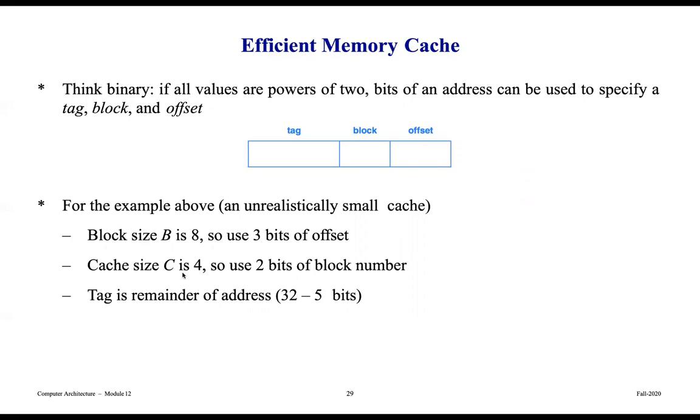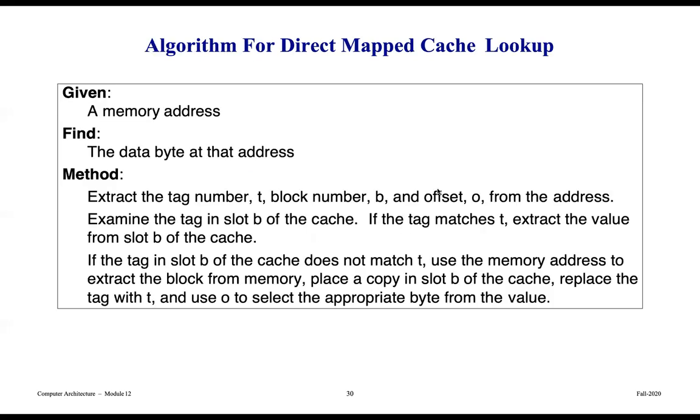The cache size is C equals 4, so we use 2 bits for the block number. And the tag is the remainder of an address of 32, which is 5 bits. That's what we would have in that kind of arrangement.